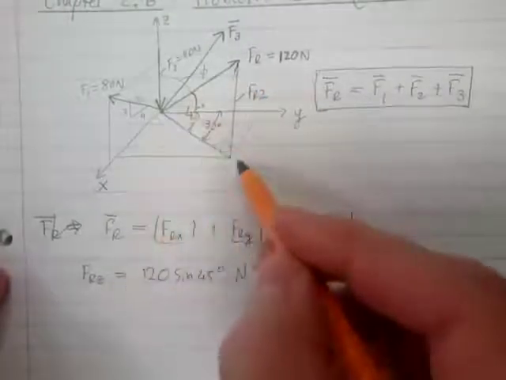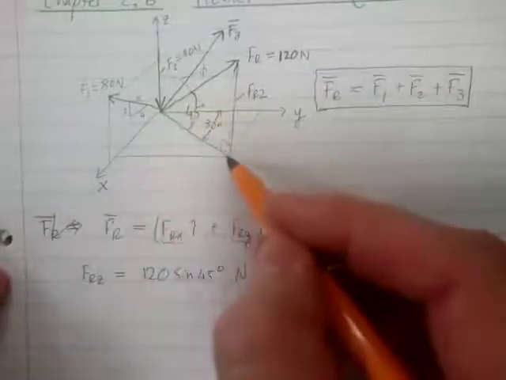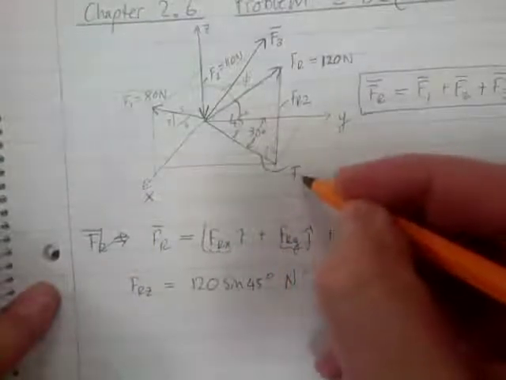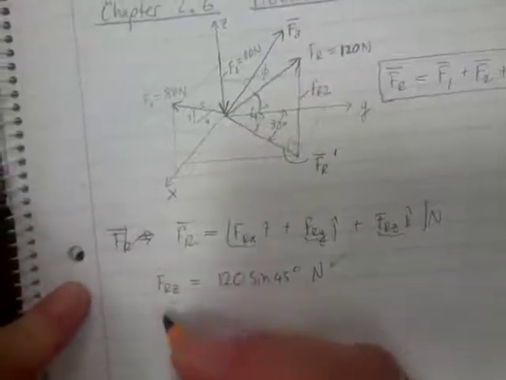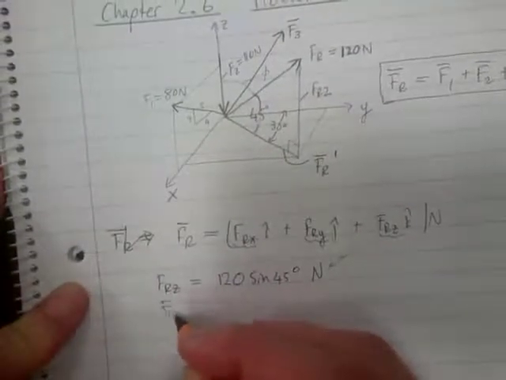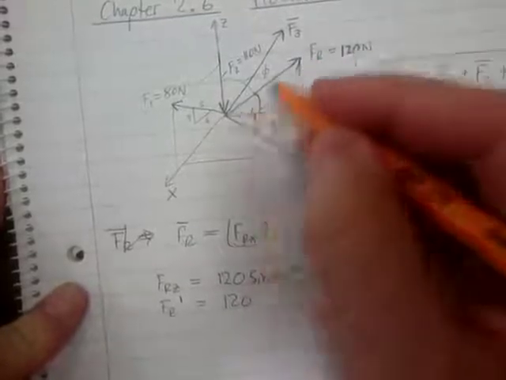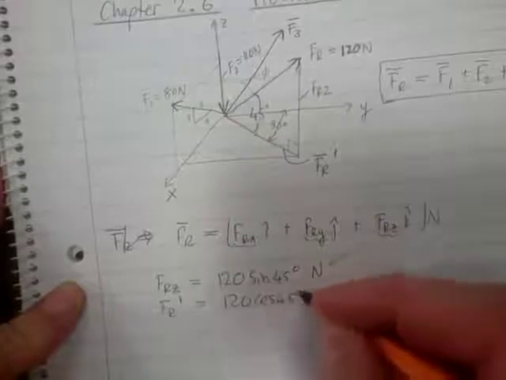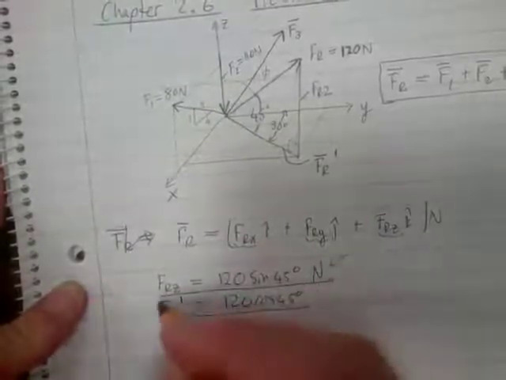We need to first get this component along the xy plane, so we can call this Fr dashed. Fr dashed is simply the 120, that magnitude, times cos of 45. So that's our first step. There's our Frz.